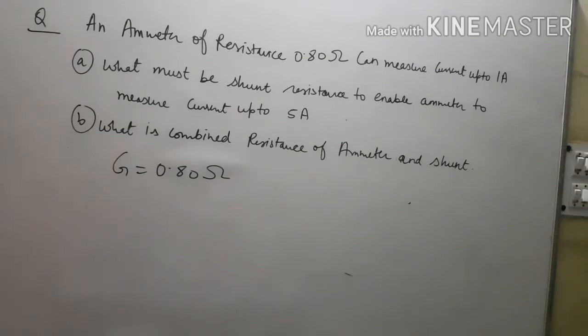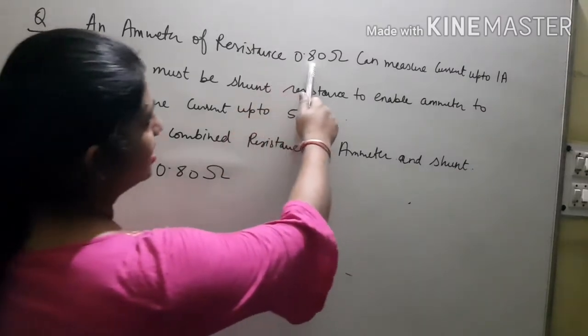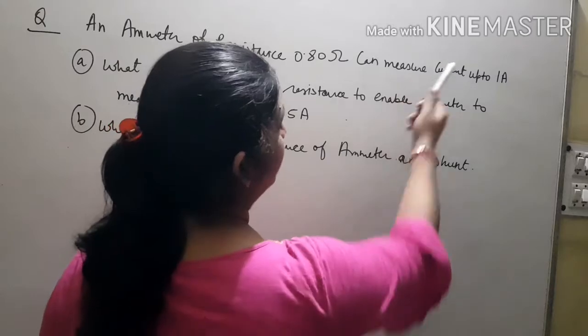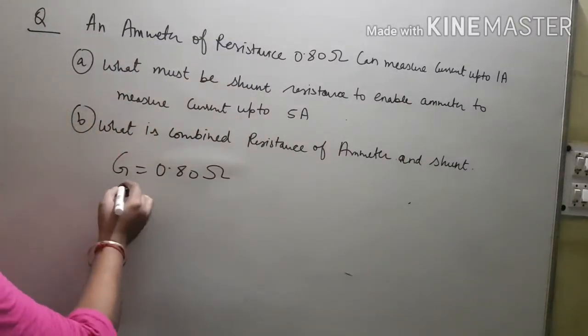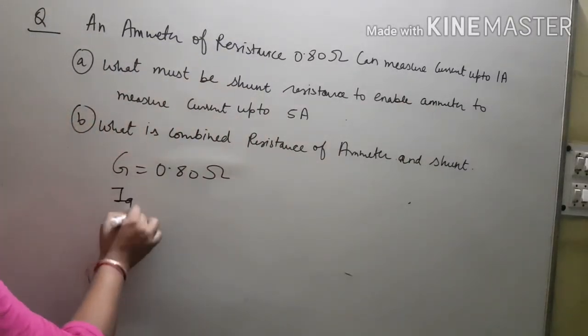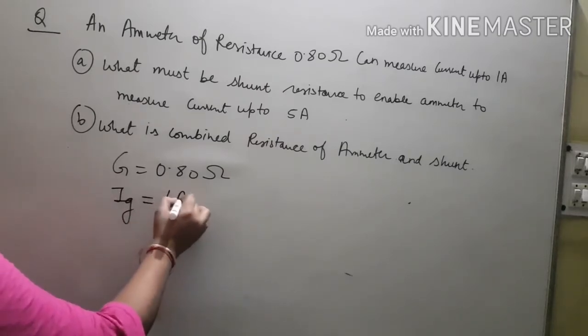It can measure the current up to 1 ampere, and the first part is: what must be the shunt resistance to enable the ammeter to measure the current up to 5 ampere? So it is a galvanometer and the resistance is this, and this galvanometer can measure the current up to 1 ampere. So galvanometer current is 1 ampere.